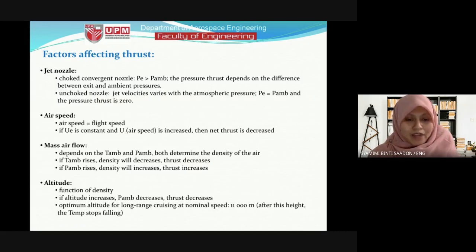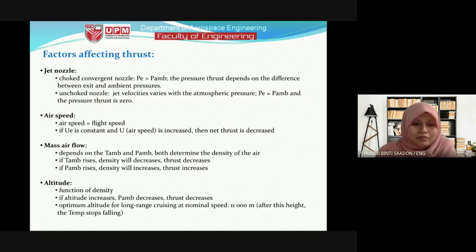Next, if ambient pressure rises, the density will increase. For example, a solid has more pressure inside, so more density. So when ambient pressure rises, density increases and the thrust will increase.